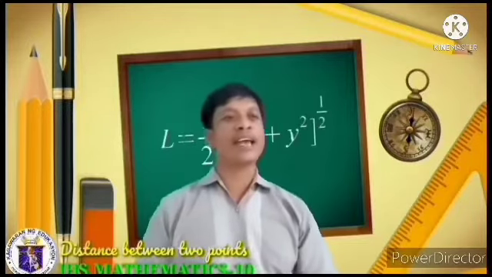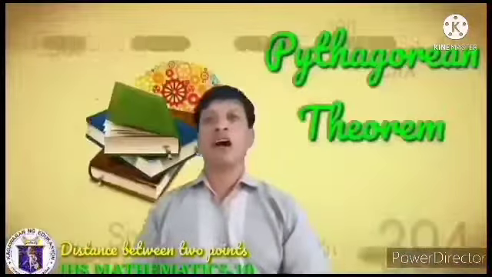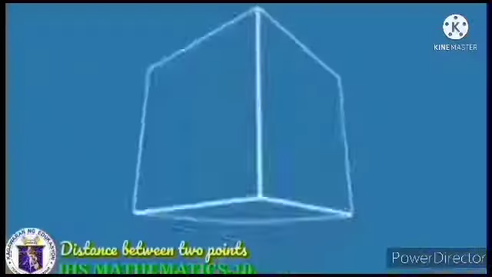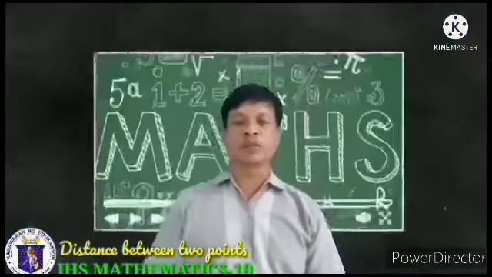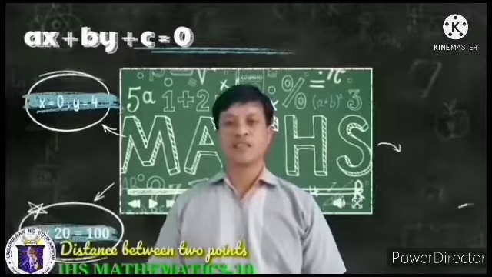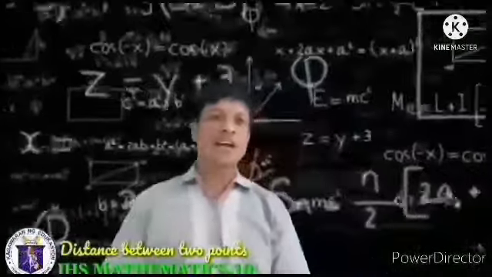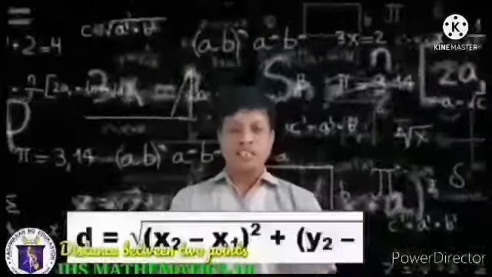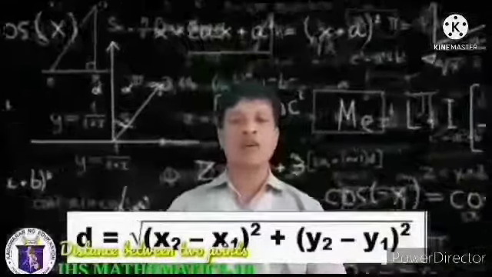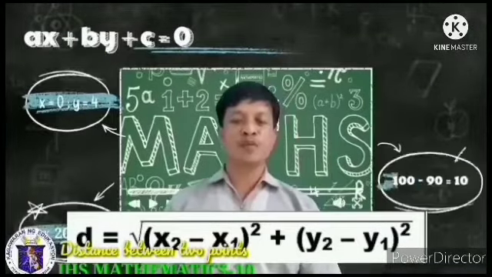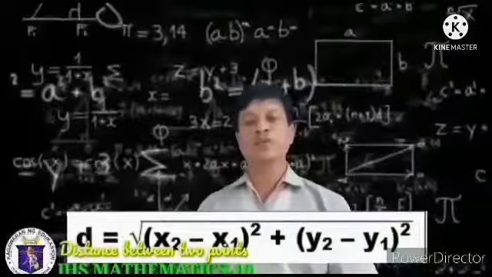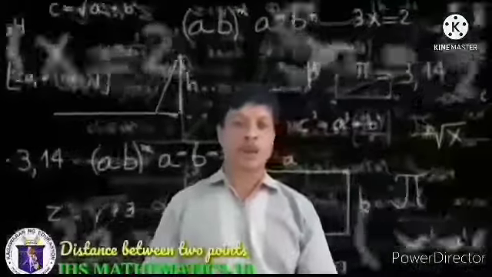We are going to apply the Pythagorean theorem if we are going to derive the formula to find the distance between two points. What is the formula in finding the distance between two points? Very good. The formula used in finding the distance between two points is D equals the square root of the quantity x sub 2 minus x sub 1 square plus the quantity y sub 2 minus y sub 1 square.